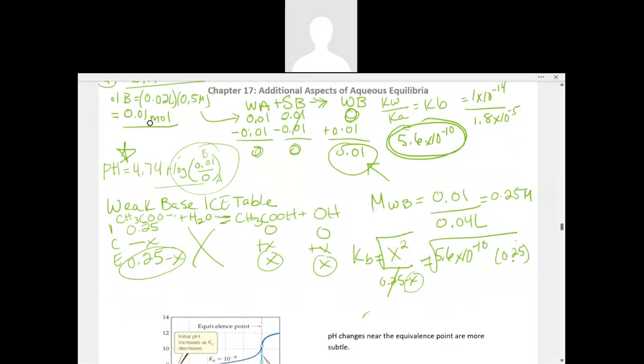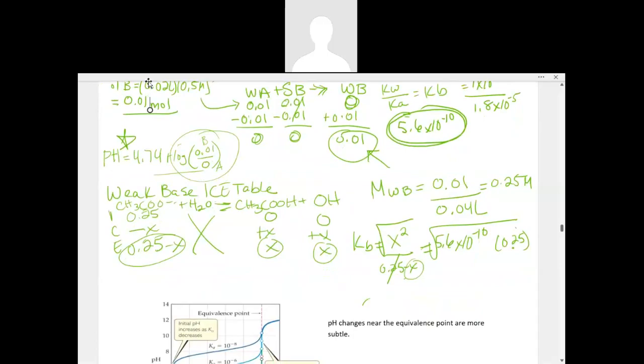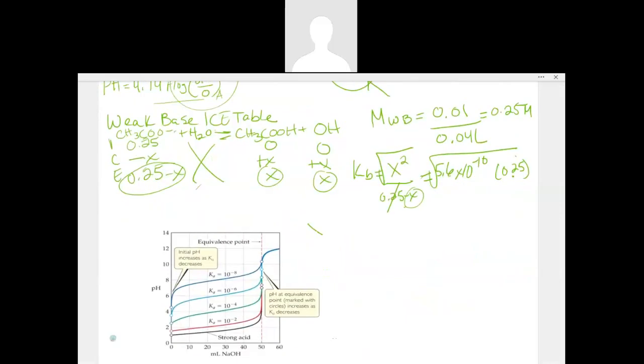My x value will turn out to be approximately 1.2. X is going to be equal to 1.2 times 10 to the negative 5. And again, this is my hydroxide ion concentration, so I can use that to solve for pOH.